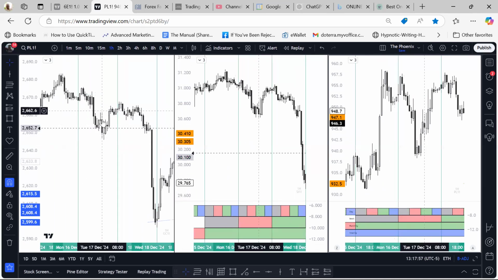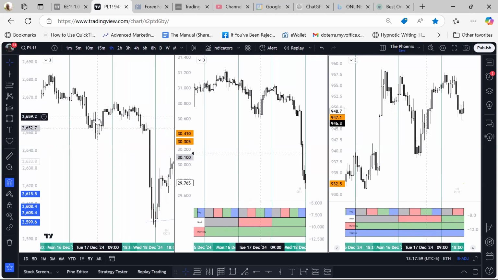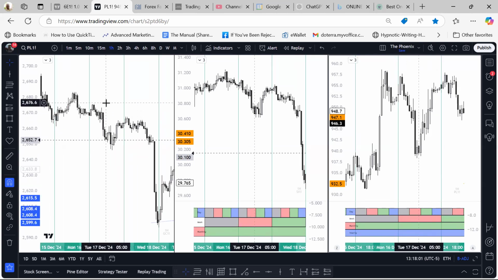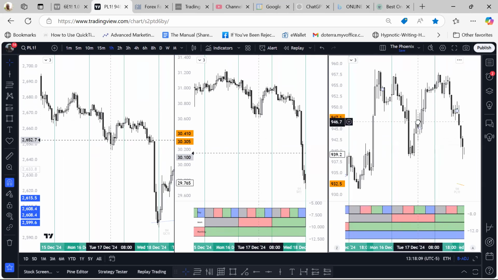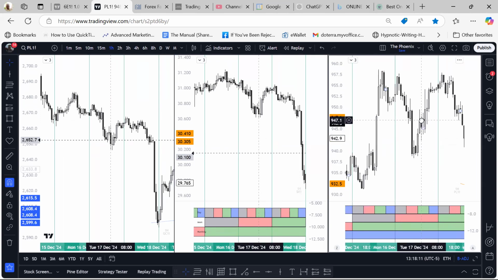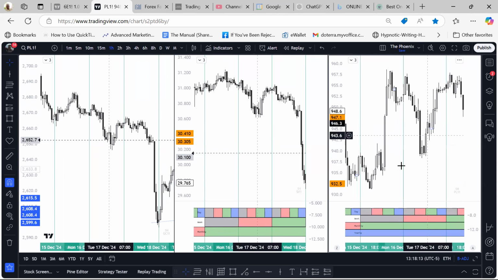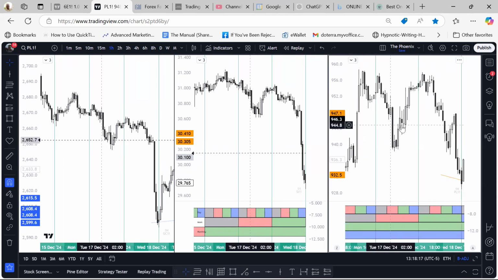Considering the time of year, though, price action is not going to be high probability at all times. Different things can happen. We did have that SMT though, which is what created this move. So this was a failure swing. This would have been the close of Tuesday.